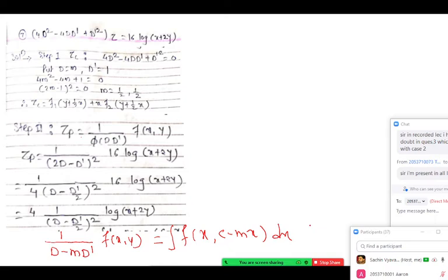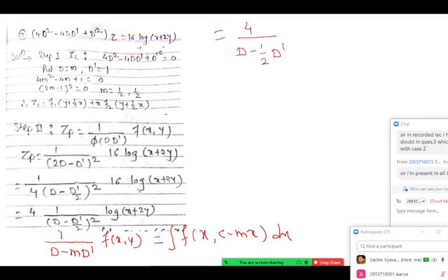That's it. So can you tell me the next step here? What should be the step for this factor? Out of that, one factor we keep as it is, which is D − 1/2 D'. Now the other factor D − 1/2 D' we are applying on log.